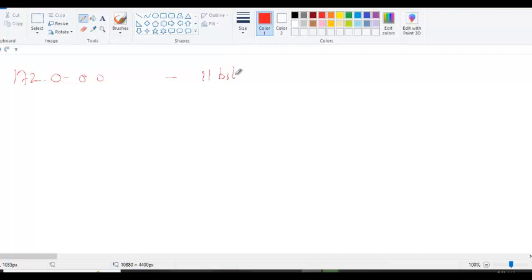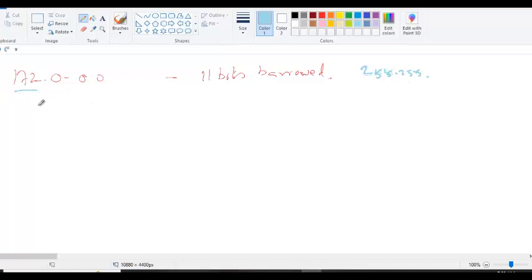Always write the new subnet mask before you start. What is the subnet mask? 255 dot. See, again, what did I say? First you write this correctly. You have made it wrong. Listen. What class is it?